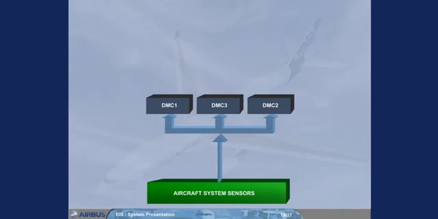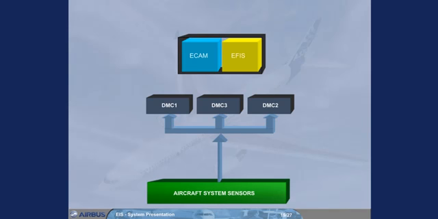Data for certain parameters, for example, fuel quantity and primary engine indications, is routed directly from the system's sensors to the three DMCs. Note, there are separate channels within each DMC for ECAM and EFIS. Each DMC can simultaneously supply one PFD, one ND, and both ECAM display units.